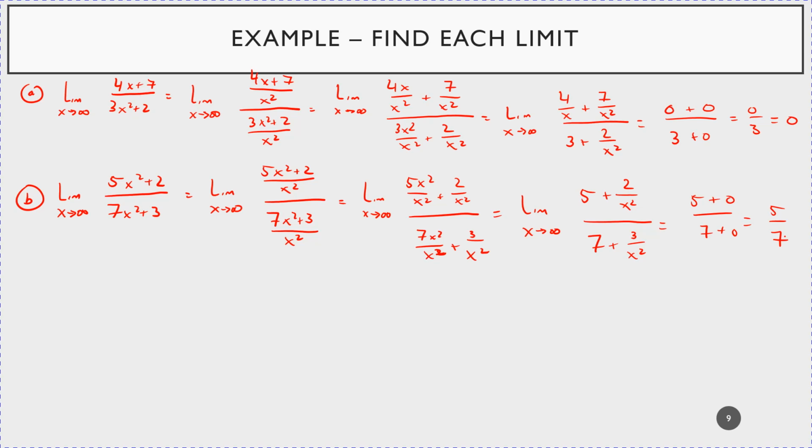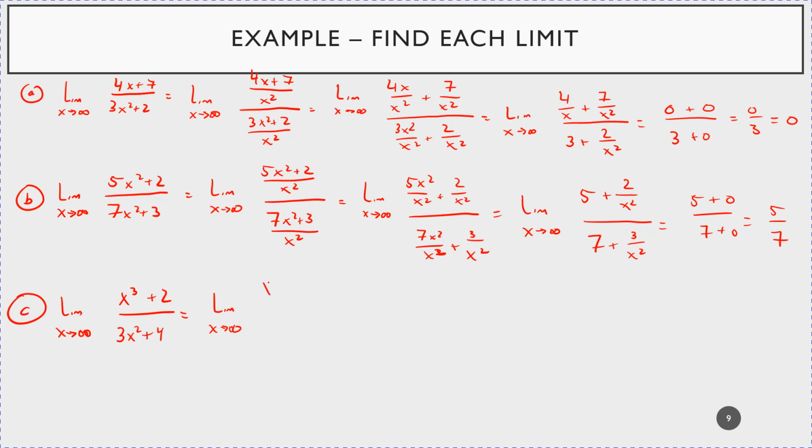Let's try another one here. Let's look at the limit as x goes to infinity of x cubed plus 2 all over 3x squared plus 4. All right, well, look, the highest degree in the denominator here is 2 again. So this becomes the limit as x goes to infinity.